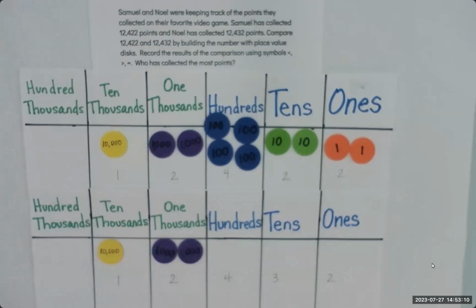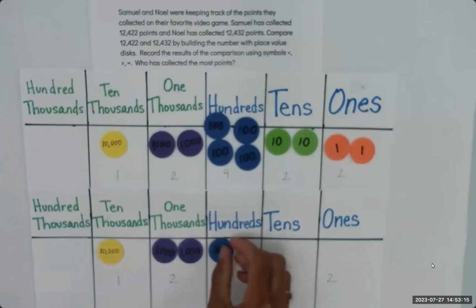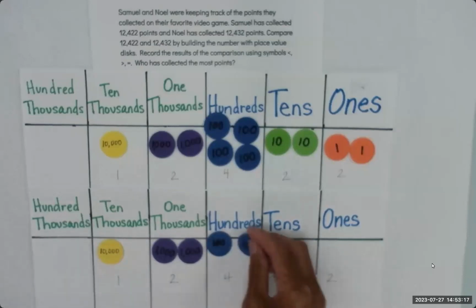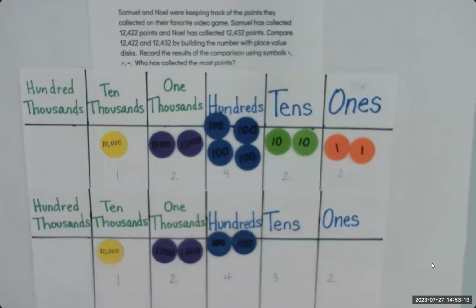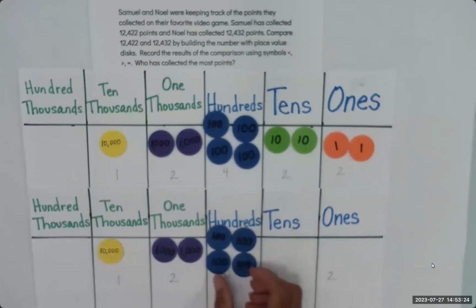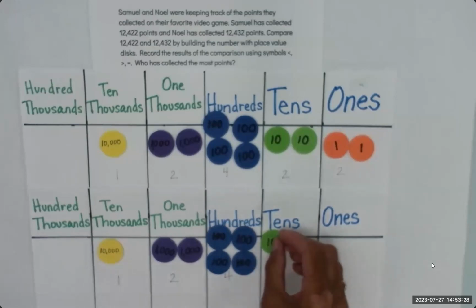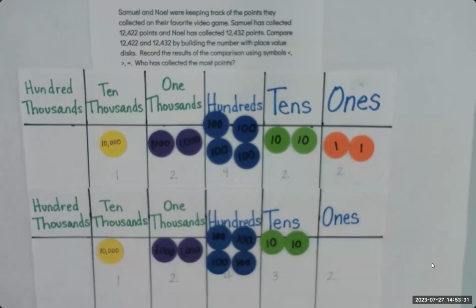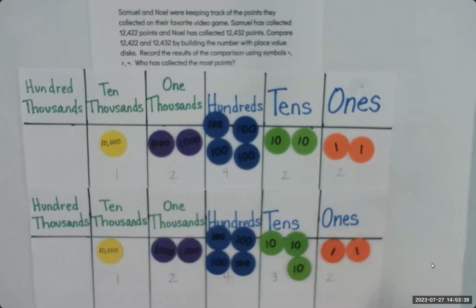So that is 400, three tens for 30, and two ones. And again, I can see the value of each digit in the multi-digit number 12,432.